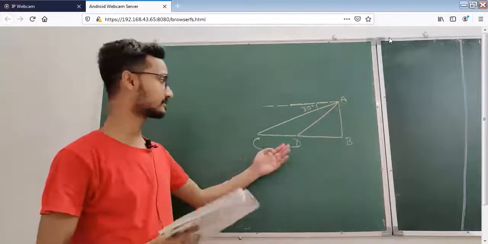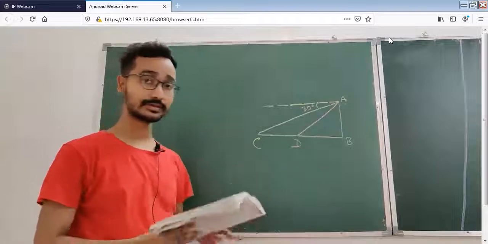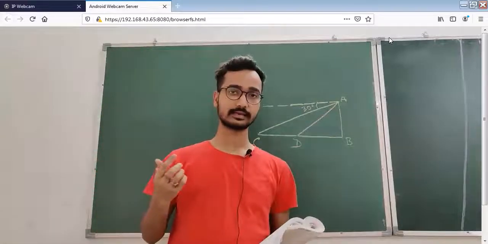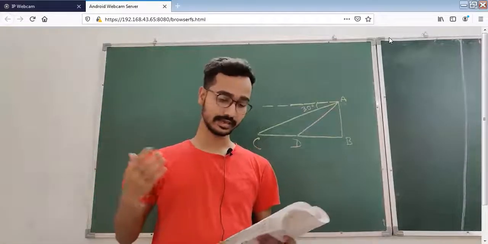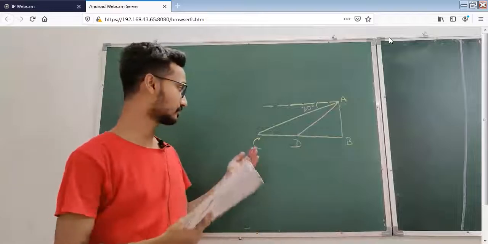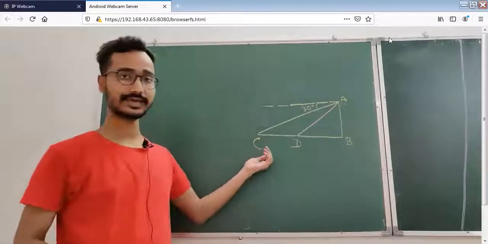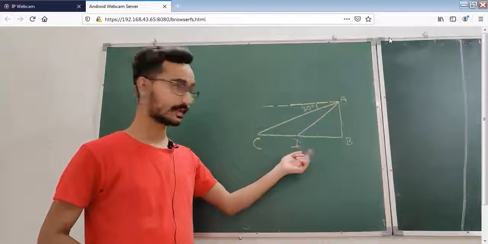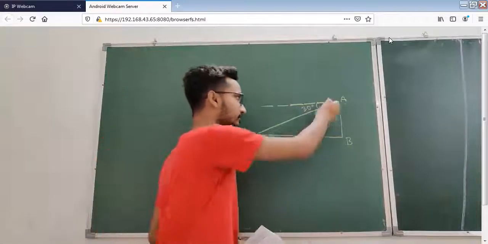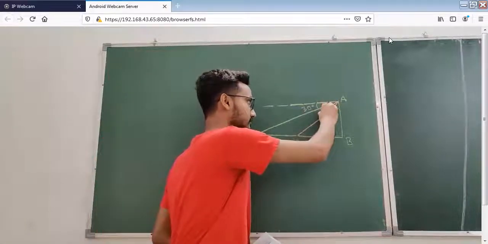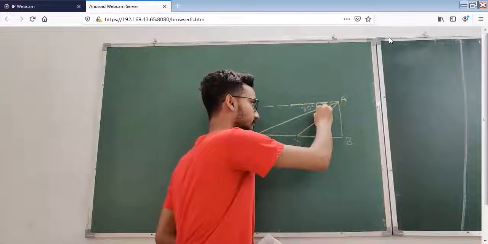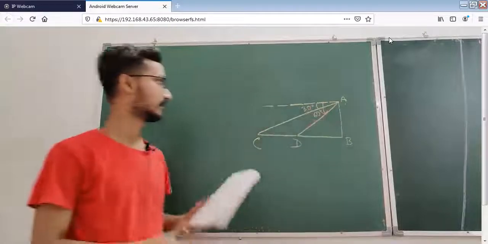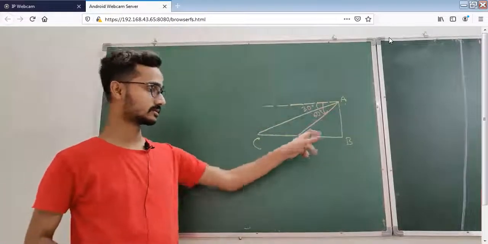The speed is not given, so we have to take the speed as x meter per second. The car moves with speed x meters per second, and after 6 seconds it reaches point D. At point D, the angle of depression is 60 degrees. Up to this clear?